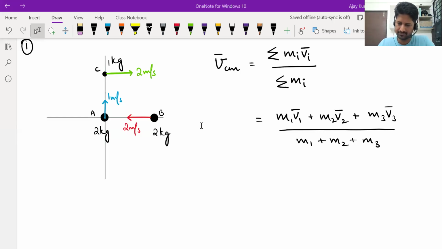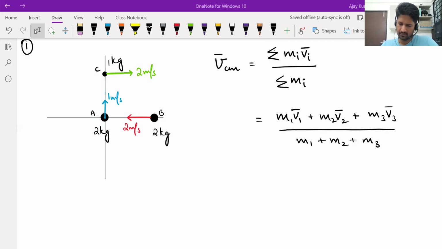We'll see. Others also solve it quickly. Just substitute the masses and their corresponding velocities. I got another answer as minus 2 by 5 I cap plus 2 J cap.